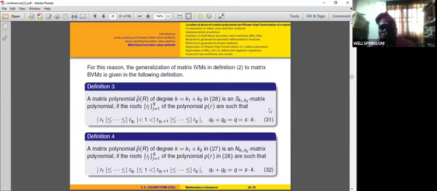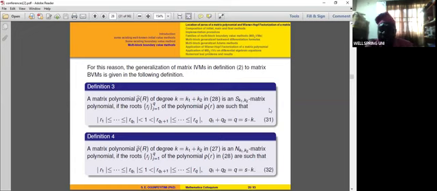For this reason, we now want to generalize the matrix initial value method. The ones we mentioned before in definitions 1 and 2 are for initial value methods. How are we now going to relate it to the boundary value method? Definition 3. In the boundary value method, we talk about (K1, K2) distribution, where we have some roots inside the unit circle and some roots outside the unit circle.